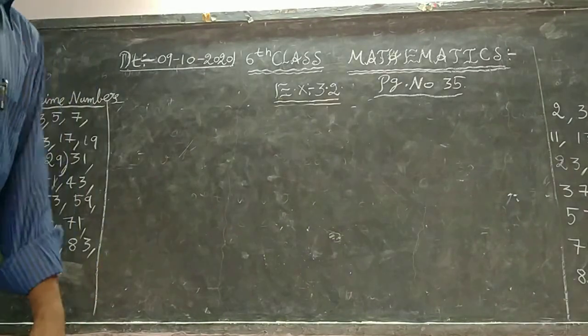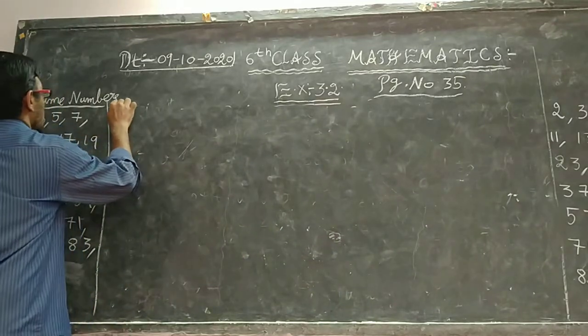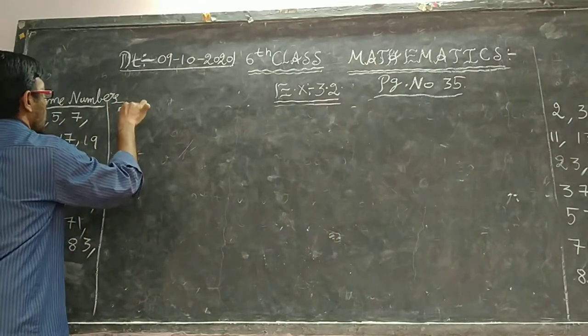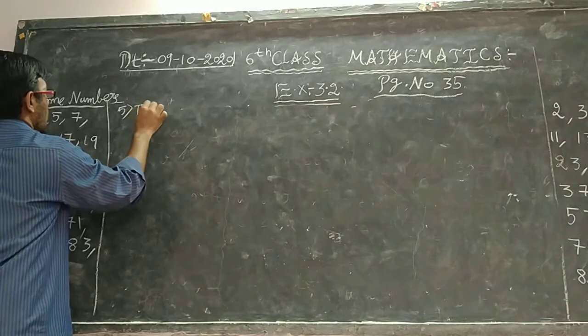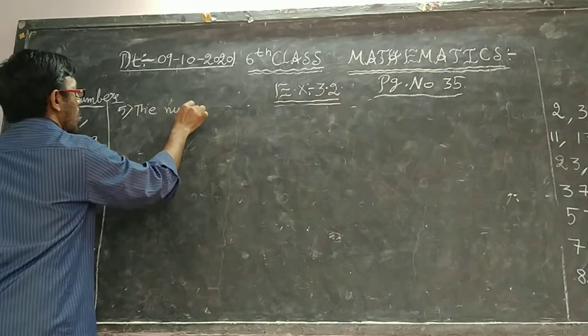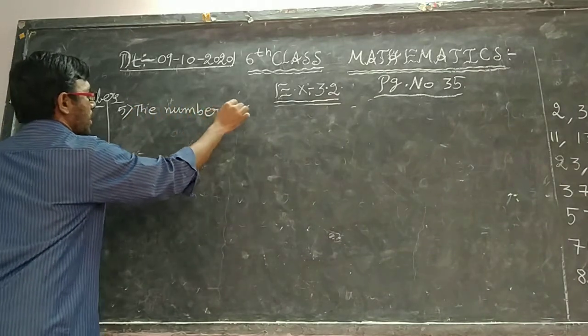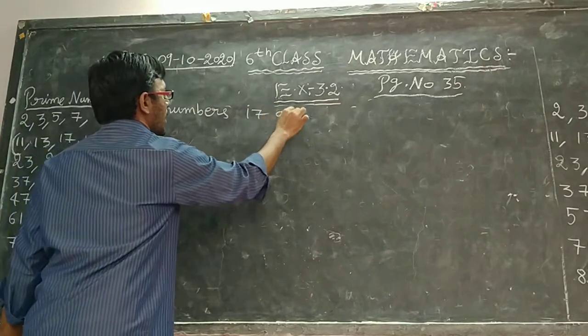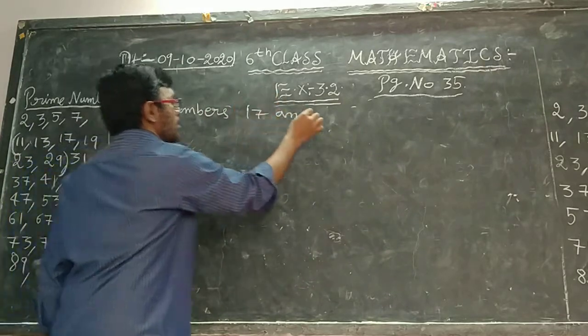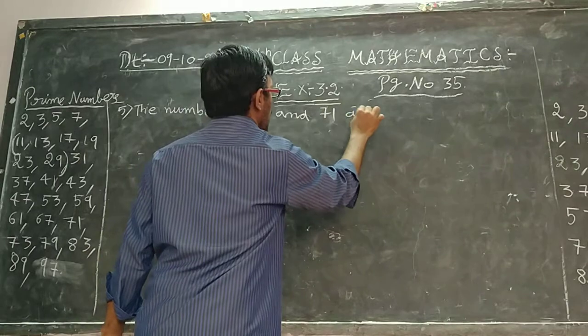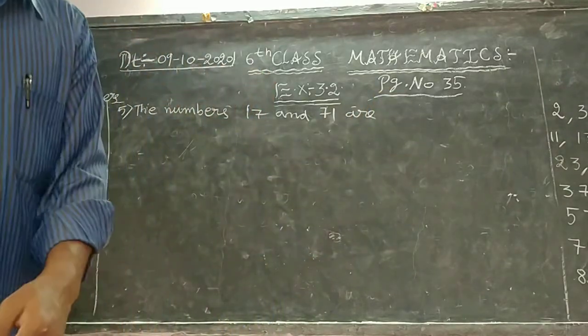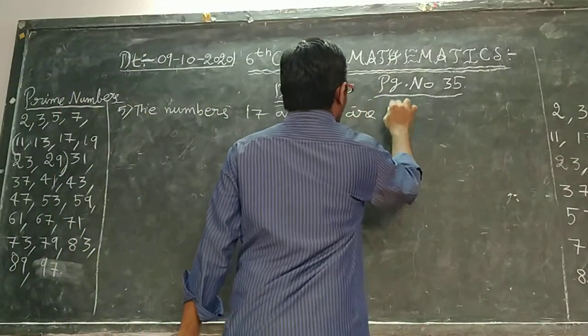See the fifth question. The numbers 70 and 71 are prime numbers.